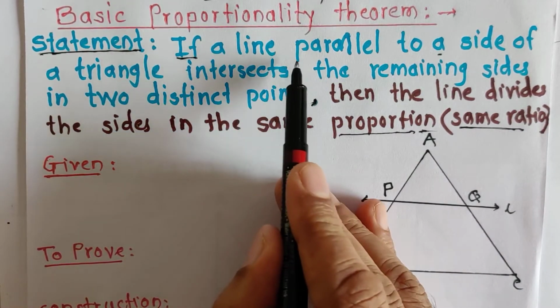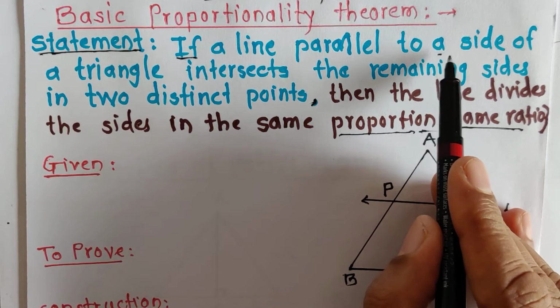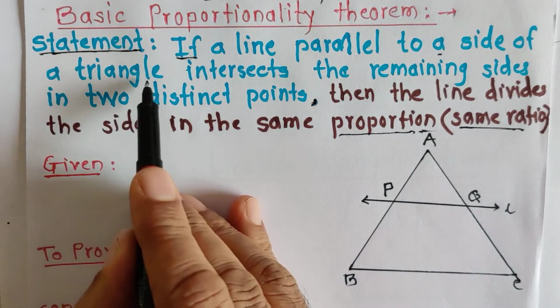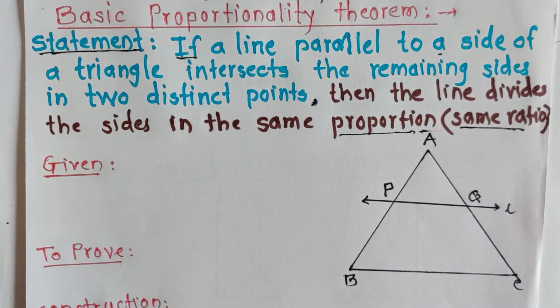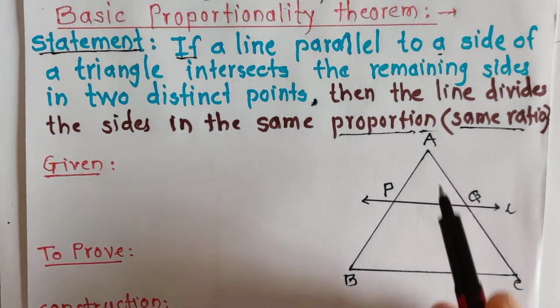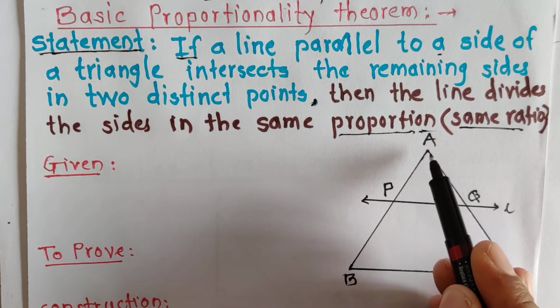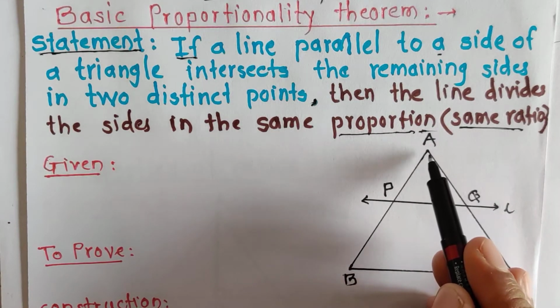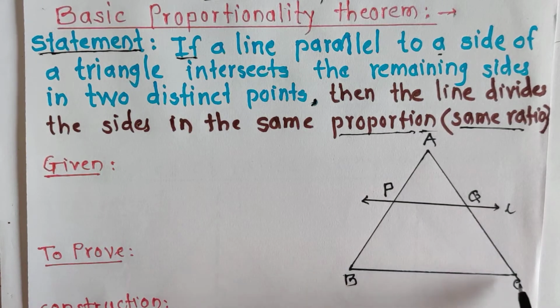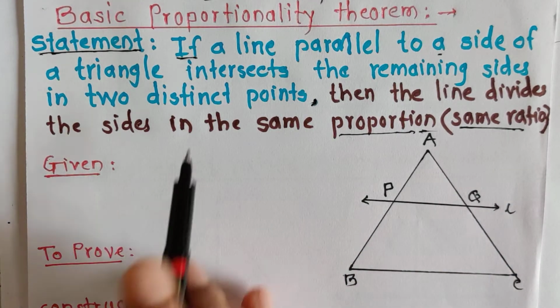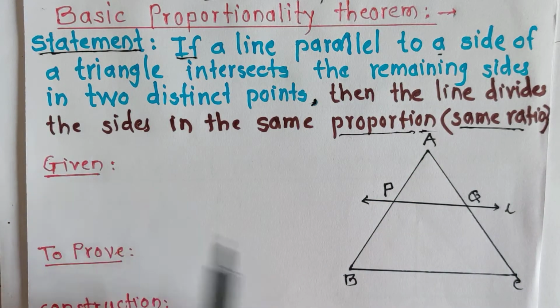If a line is parallel to one side of a triangle, meaning any triangle, the type of triangle is not given. Right-angled triangle, isosceles triangle, scalene, no, any triangle. So first draw one triangle, any type of triangle. A simple triangle, here we have drawn ABC. Then name that triangle. So ABC is the triangle and a line is parallel to one side of the triangle.